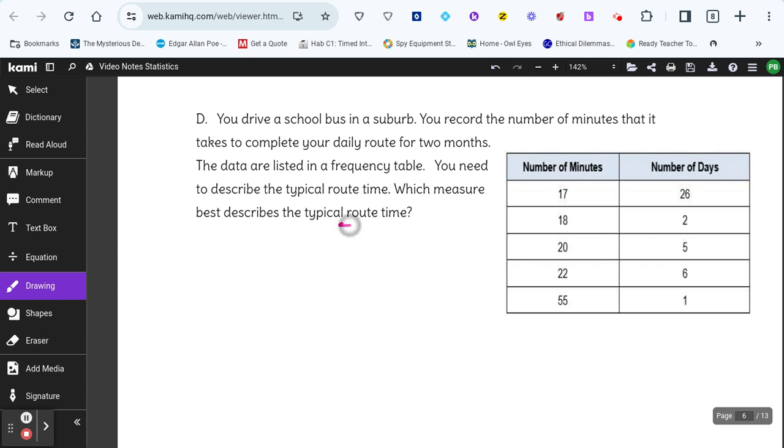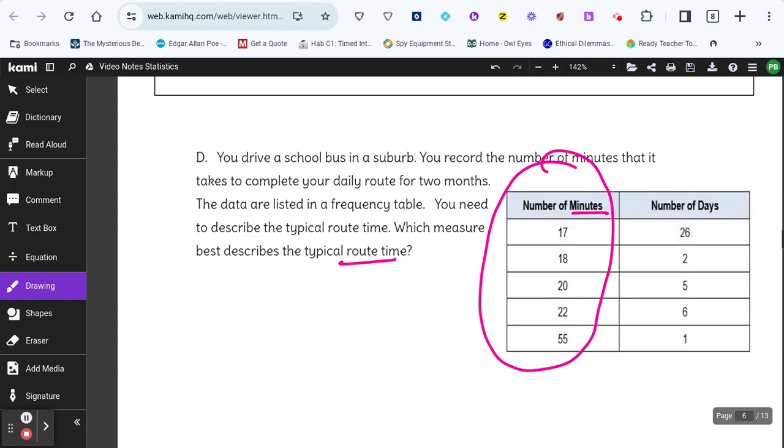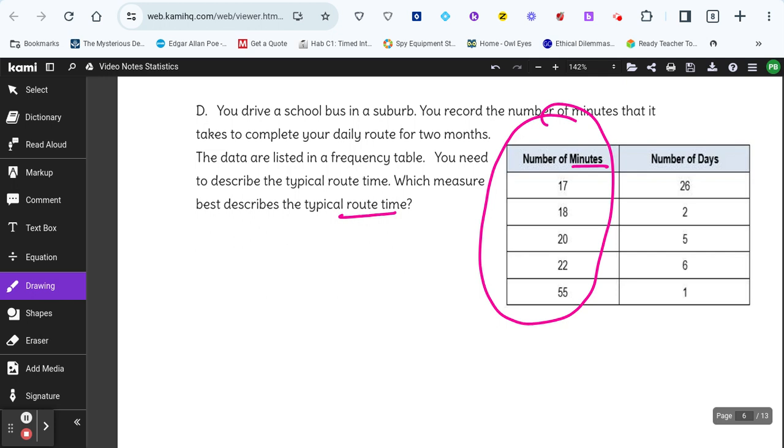Okay, so we're looking for route time, so I'm going to focus on the number of minutes because minutes is time. All right, so 26 days, that school bus took a time of 17 minutes to complete the route. Now, keep in mind, this is over the course of 2 months.